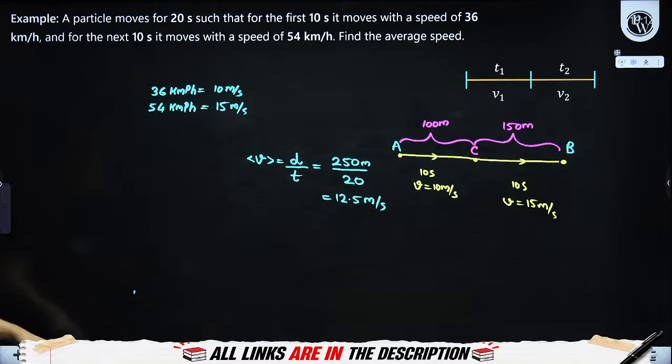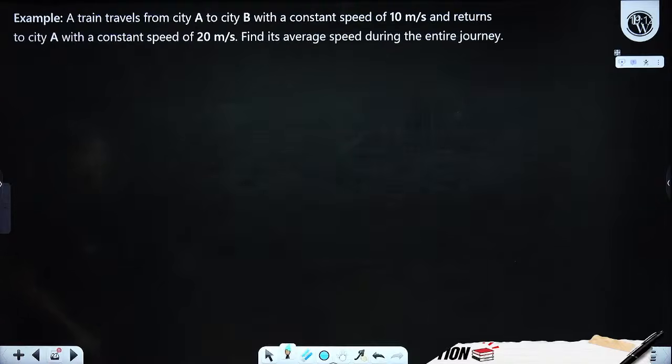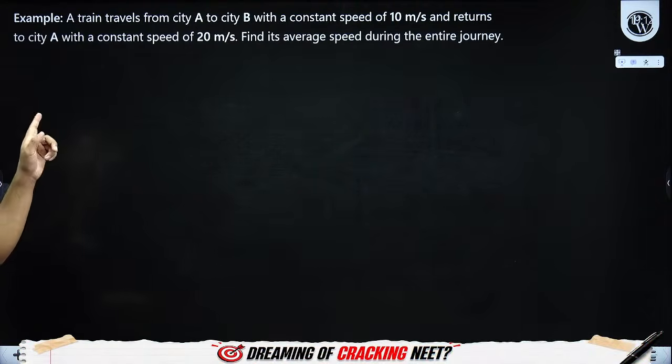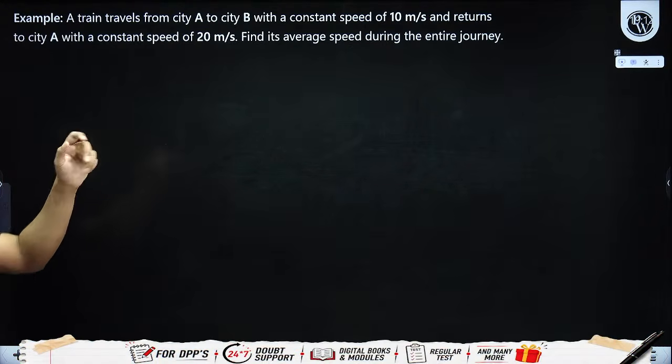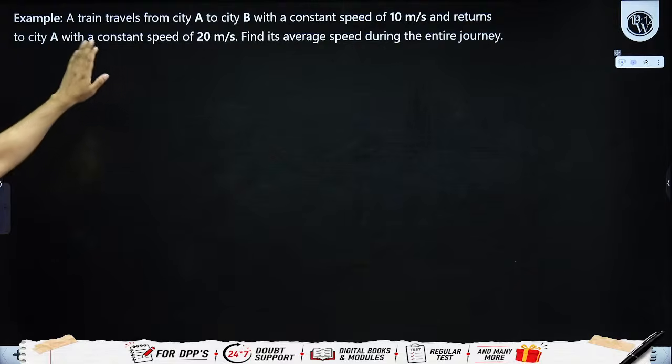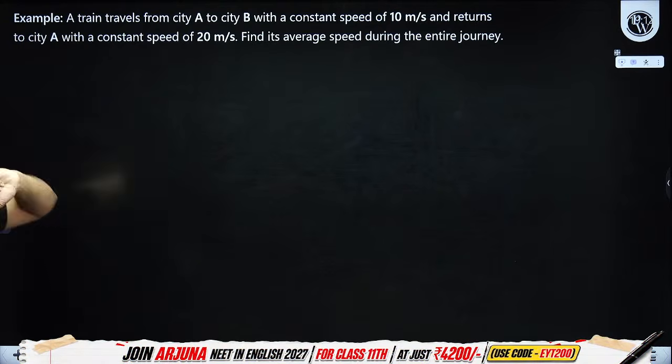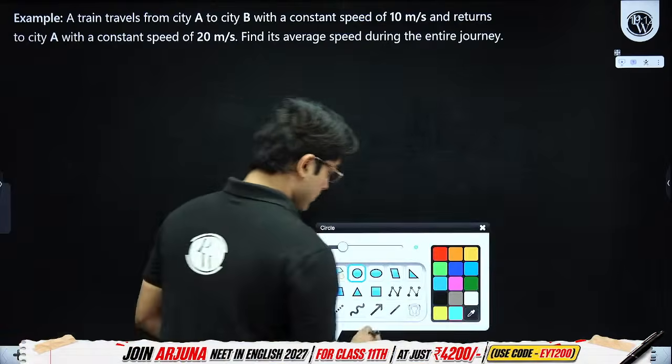Let's try another one. So this is the next one. A train travels from a city A to a city B with a constant speed of 10 and returns to city A with a constant speed of 20.